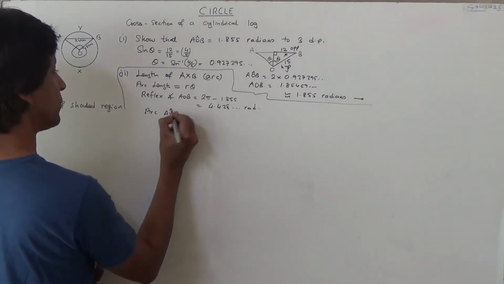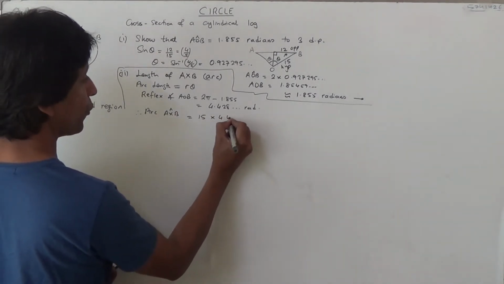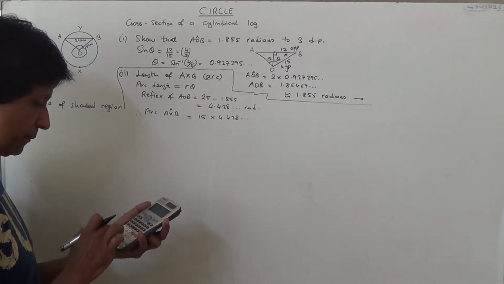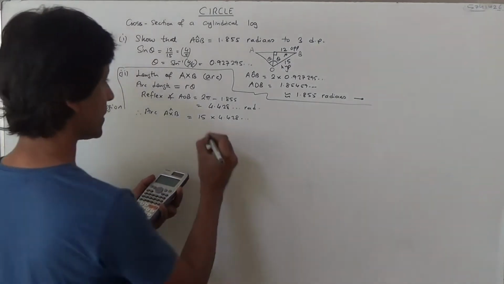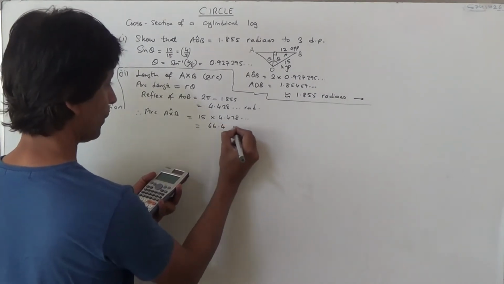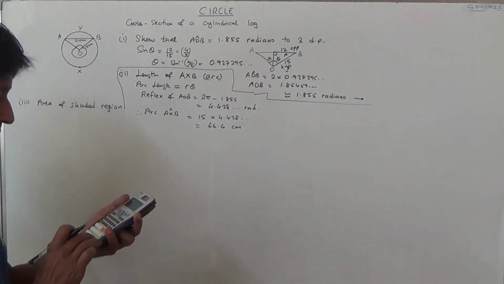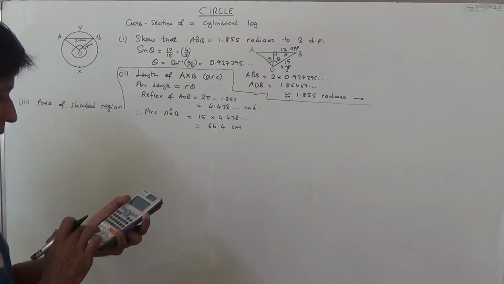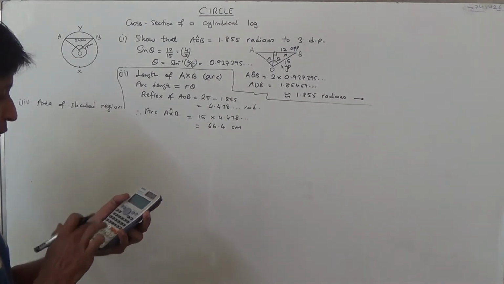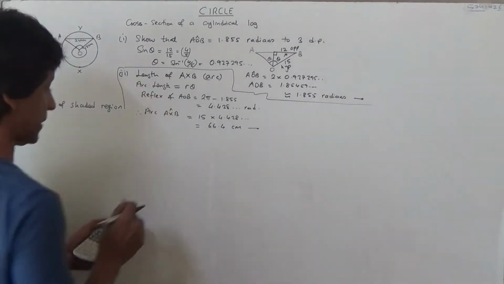Therefore, arc AXB is going to equal r theta, which is the radius, multiplied by 4.428, and so on. And the answer to the question is 66.4 centimeters. So 2 pi minus 1.855 is 4.428, times 15, we're getting 66.4, and that's the answer to the question.